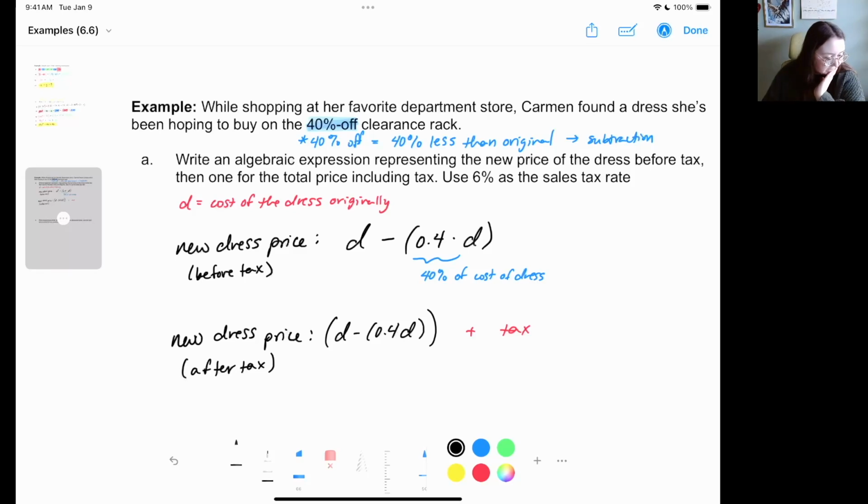But now we're adding tax onto this. So when we're adding tax onto this, our tax is taxing the price of the dress, which is our discounted price. And it's 6% is the sales tax rate. So we're taking 6% of our discount price, and that is being added.